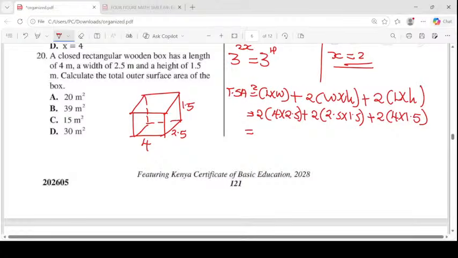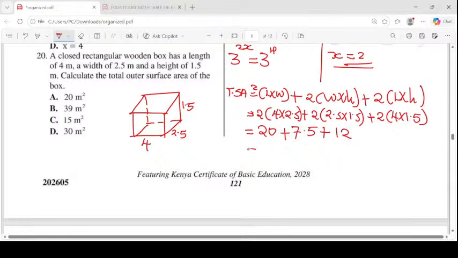So when I have 4 times 2.5 being multiplied by 2, this becomes 20, plus 2.5 times 1.5 times 2, this becomes 7.5, plus 4 times 1.5 times 2, this gives you 12.